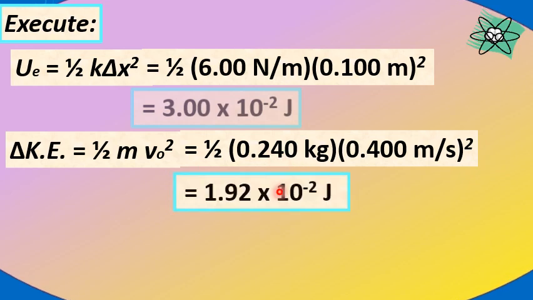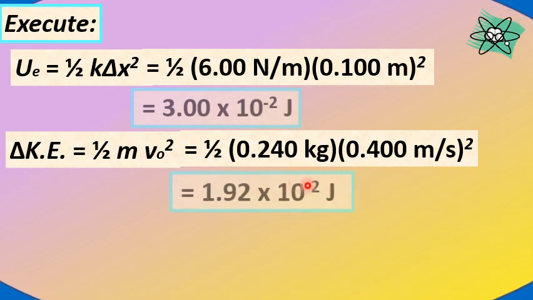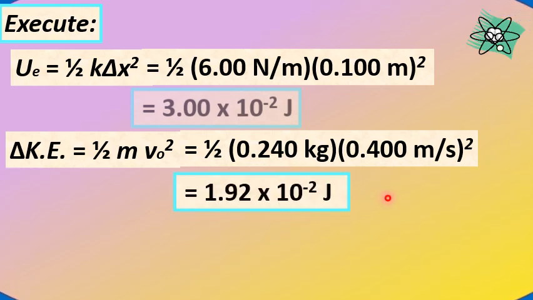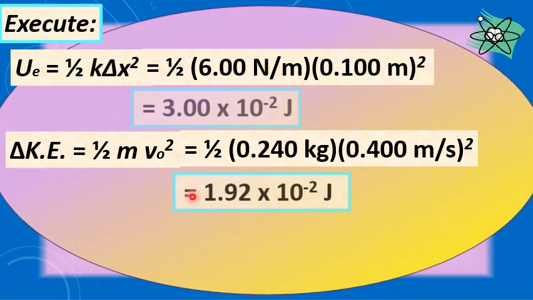Take note, the final kinetic energy when the glider momentarily stops is equal to 0, right?